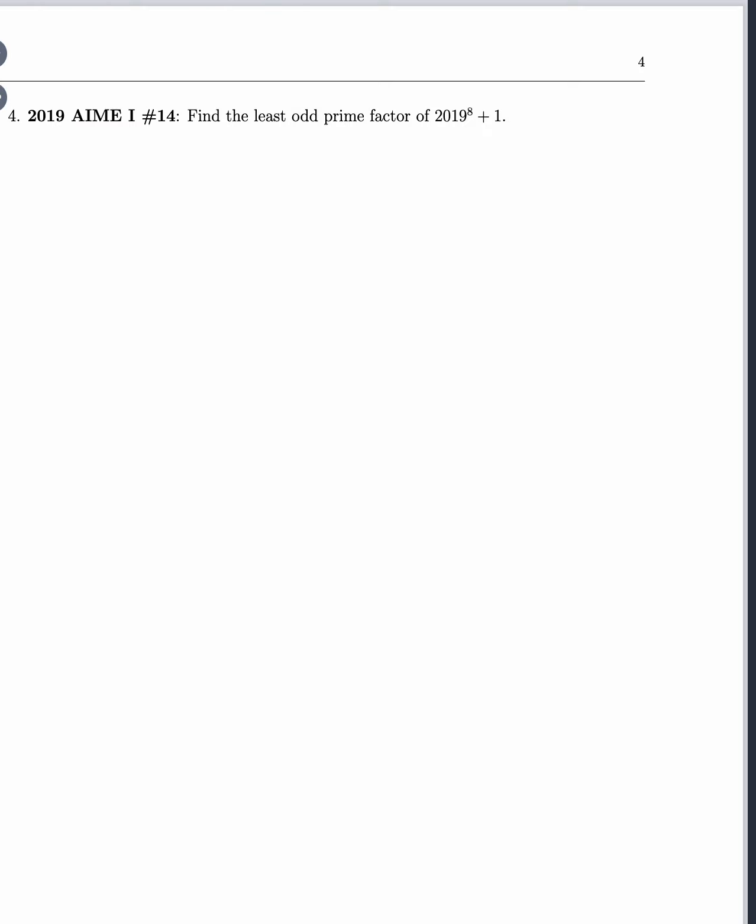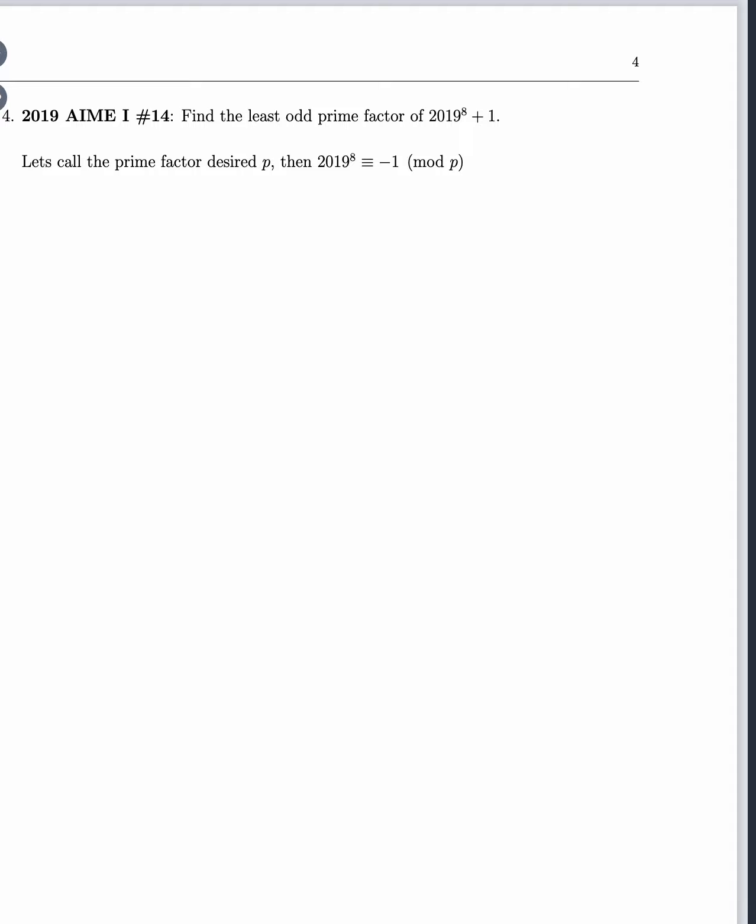So this is actually pretty clear. 2019 to the 8th is equivalent to -1 mod p, and this doesn't really tell us anything. So squaring gives 2019 to the 16.